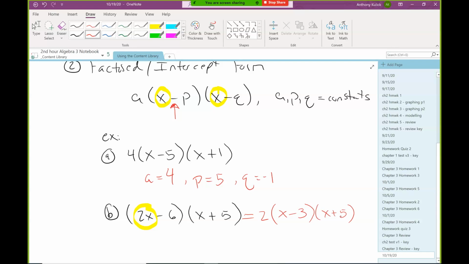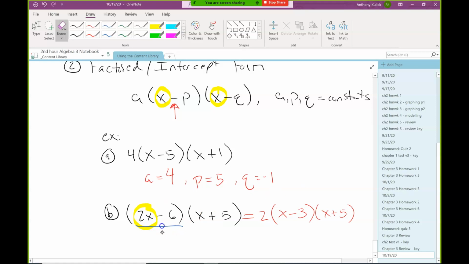Everybody see that? That's just me pointing out that if you wanted to check, you could do that. What are our values for A, P, and Q then? 2 for A. So far, so good? Pretty comfortable?